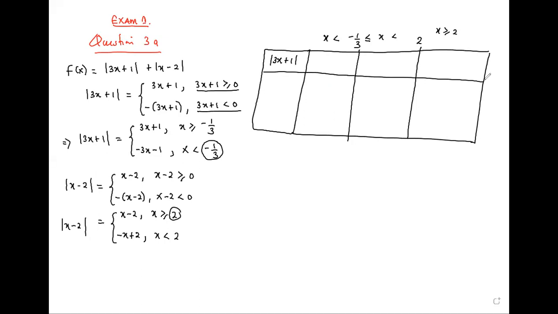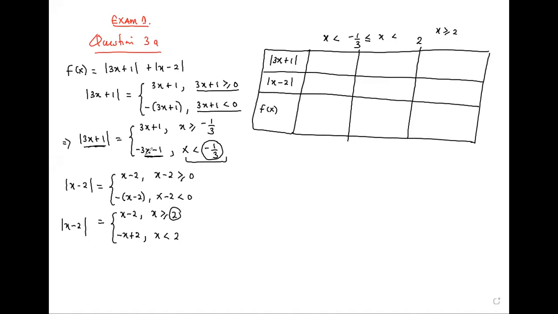The second piece is the modulus of x minus 2. And then we'll have the whole f of x. So what is the modulus of 3x plus 1 when x is less than negative 1 over 3?